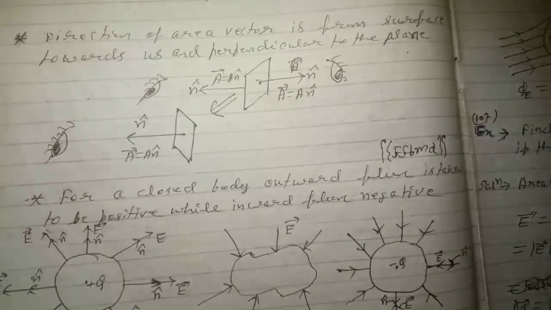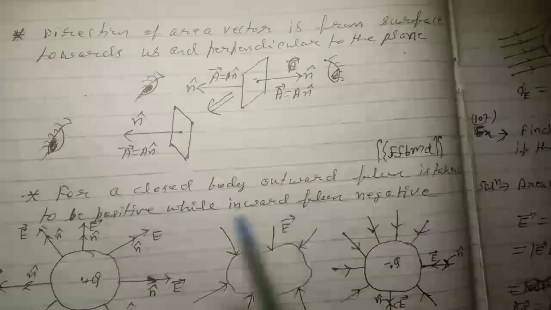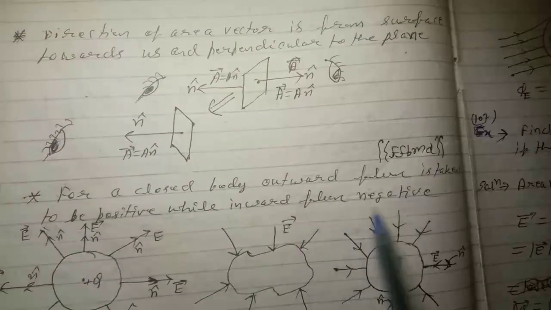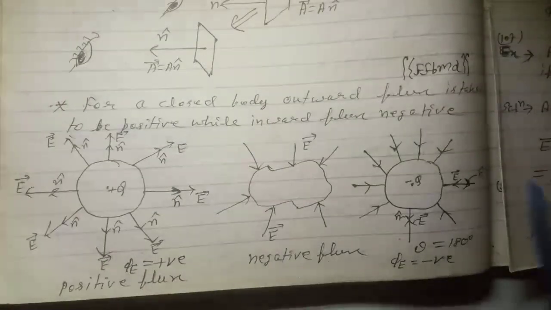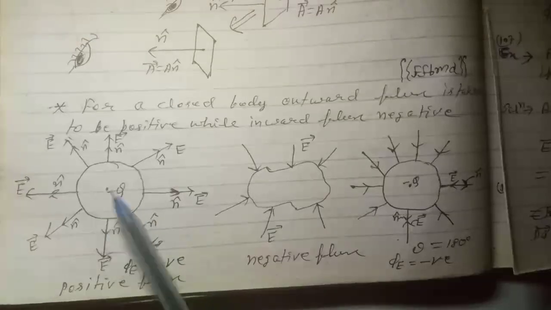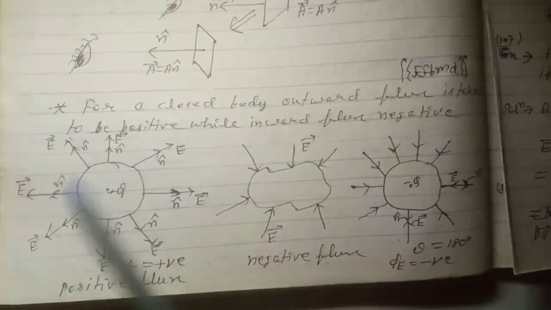Next, for a closed body, outward flux is taken to be positive while inward flux is negative. For example, here a positive charge is placed and it is surrounded by a spherical surface.